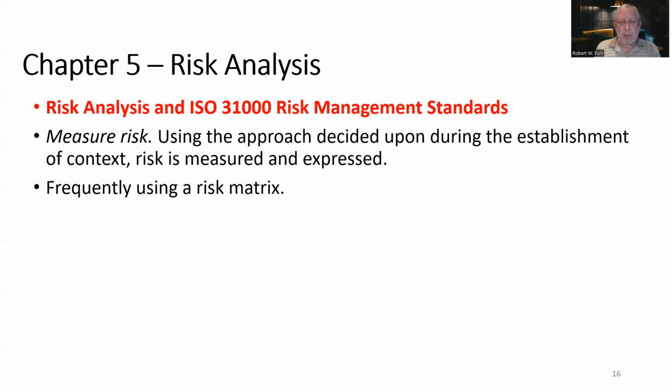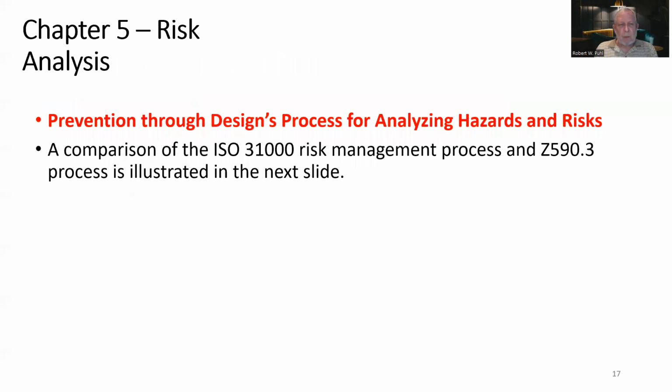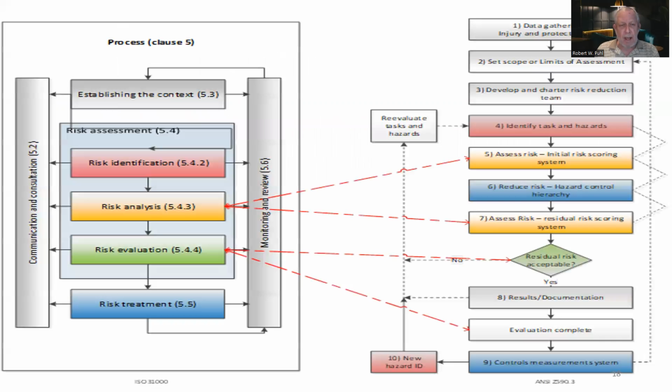Measure risk. Using the approach decided upon during the establishment of the context, risk is measured and expressed, frequently using a risk matrix. A comparison of the prevention through design process for analyzing hazards and risks. A comparison of the ISO 31000 risk management process and the Z590.3 process is illustrated in the next slide.